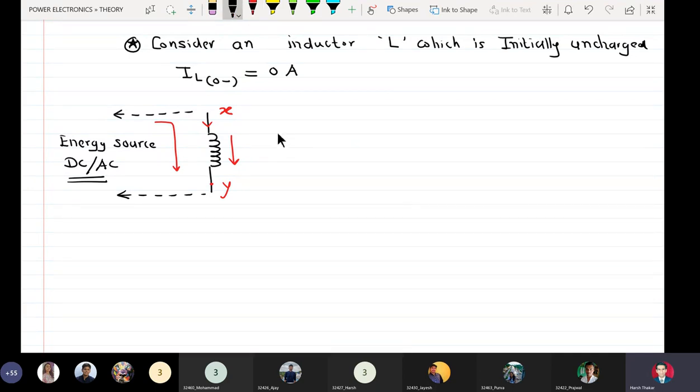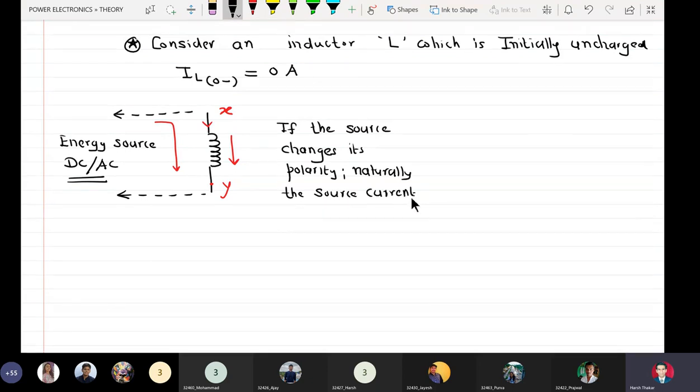Now the situation changes. If the source changes its polarity, naturally the source current will also reverse its direction.